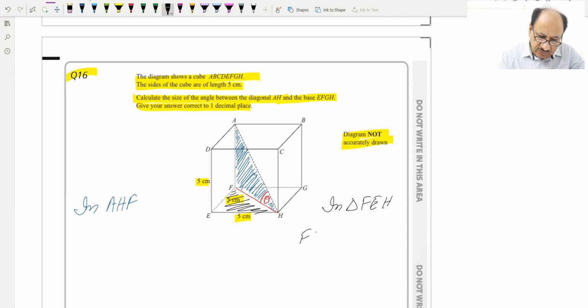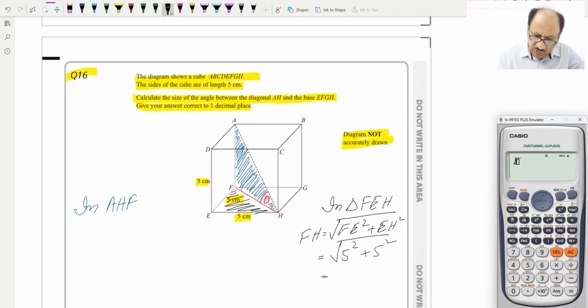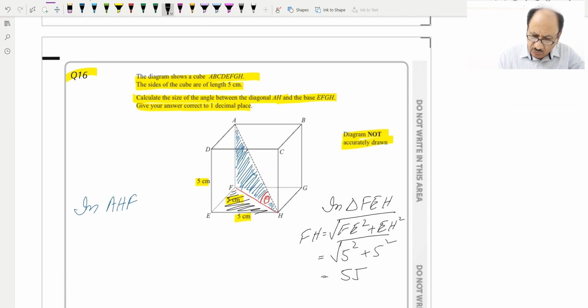So FH is equal to the square root of EF square plus EH square, which is the square root of 5 square plus 5 square, and this will be equal to 5 root 2, and this will be FH.